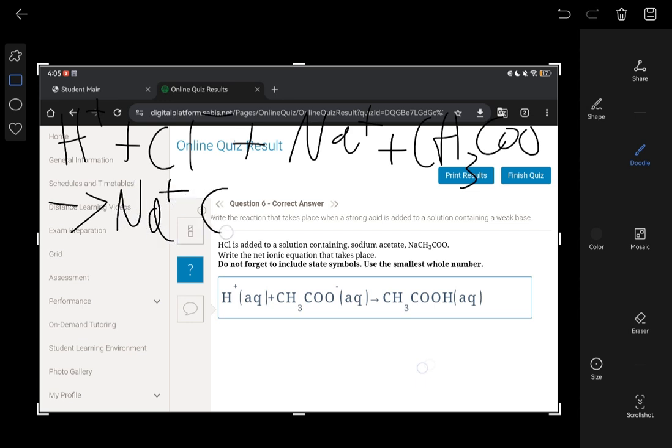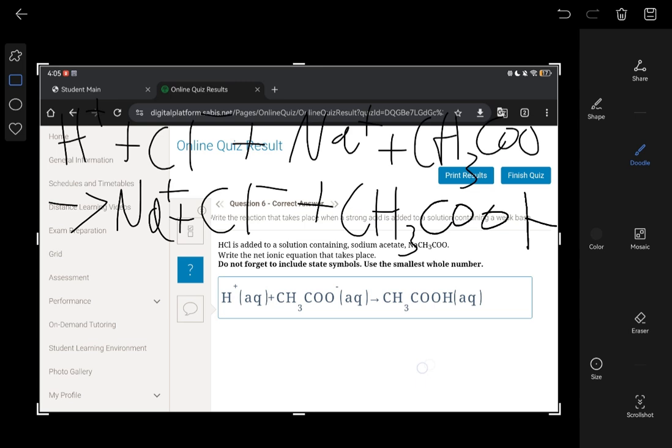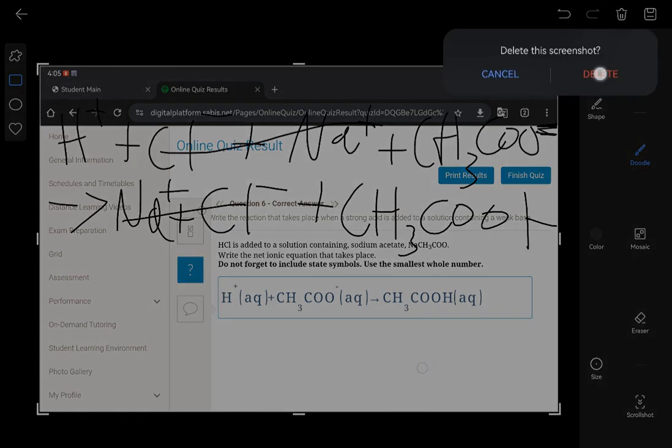But because we're splitting it, it's gonna be Na plus, Cl minus, plus acetic acid. You see, they just swapped, sorry, this is supposed to be negative. The cation and the anions just swapped. What can you cancel? Na and Cl, that's it.